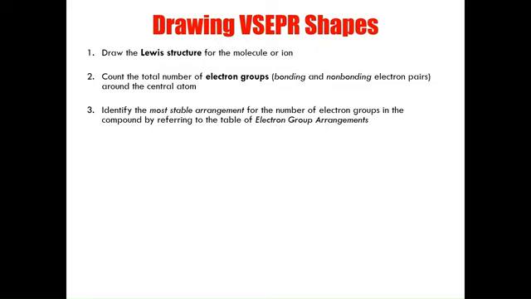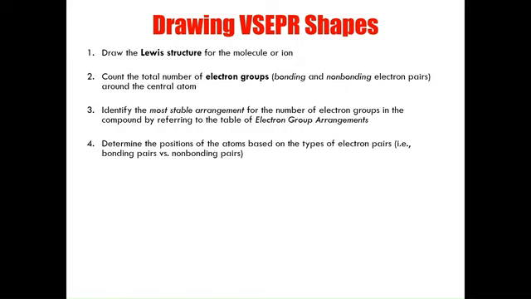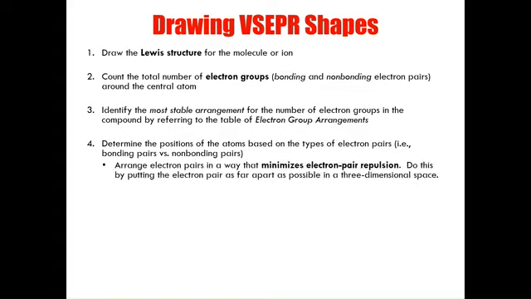Third, identify the most stable arrangement for the number of electron groups in the compound by referring to the table of electron group arrangements that I showed you in the last slide. Fourth, determine the position of the atoms based on the type of electron pairs, whether they are bonding or non-bonding pairs. Remember, the goal is to arrange the electron pairs as far away from each other as possible so as to minimize electron pair repulsion.